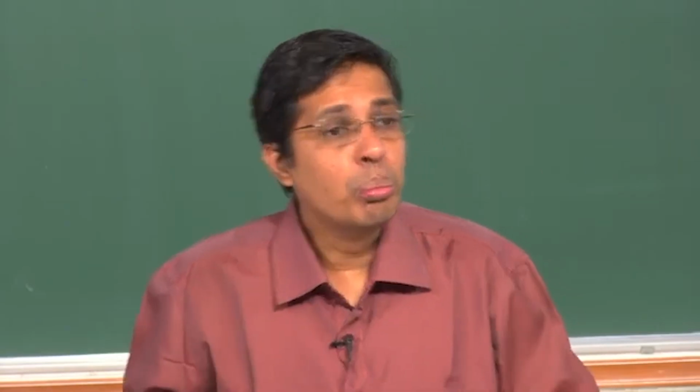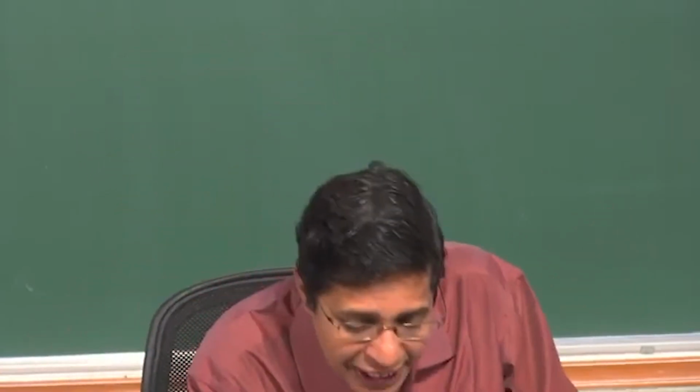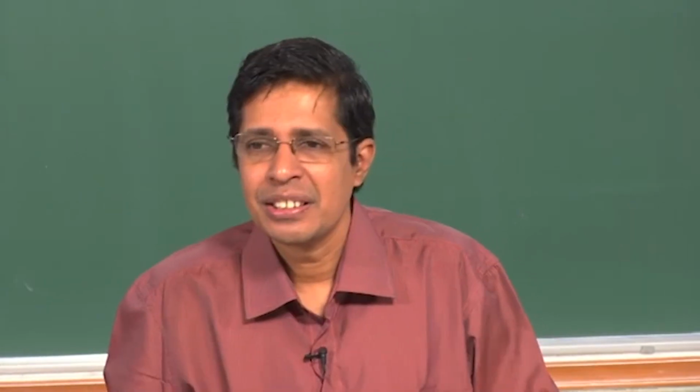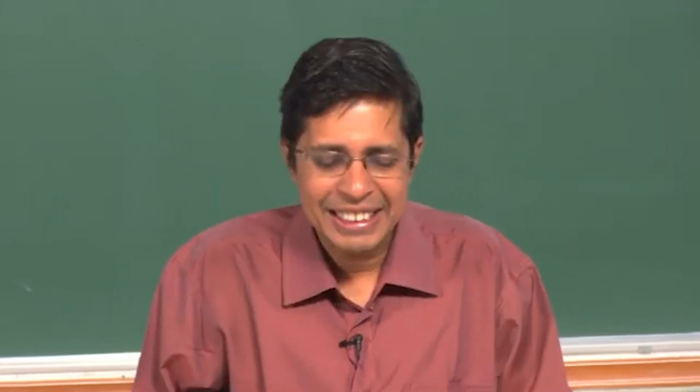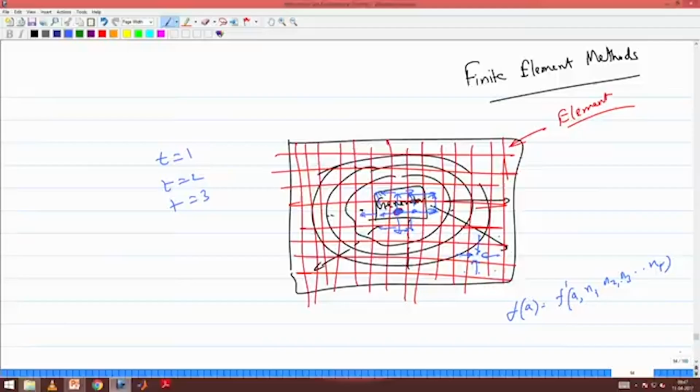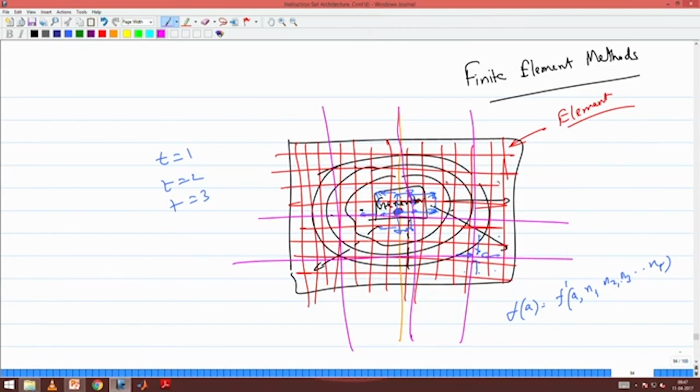The more finer this grid is, my accuracy increases. And you already see that this is embarrassingly parallelizable. So what I can do is split it into 1, 2, 3, 4, 5, 6, 7, 8, 9, 10, 11, 12 processors.